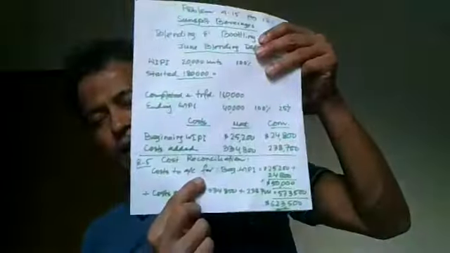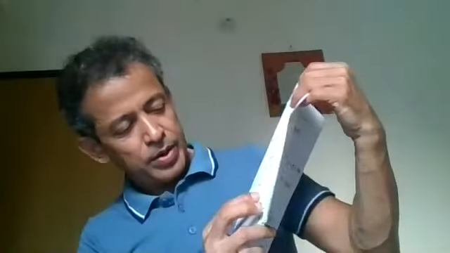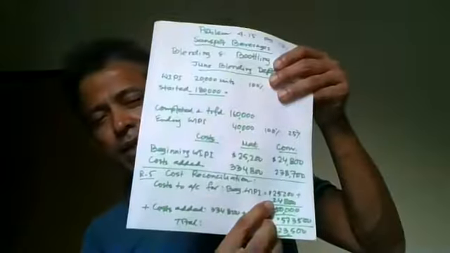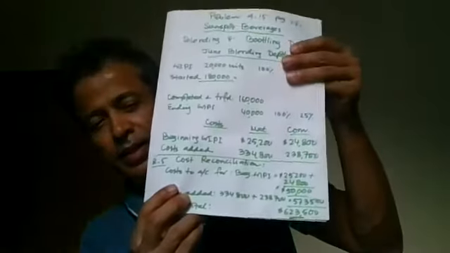You can see cost reconciliation. So cost to account for is the cost of beginning inventory, which was $50,000, and then cost added during the period is $573.5.